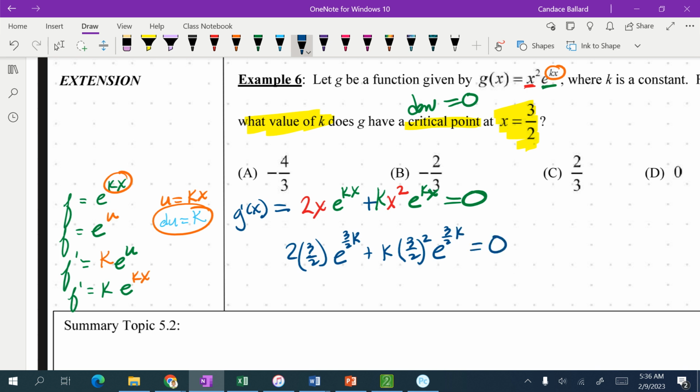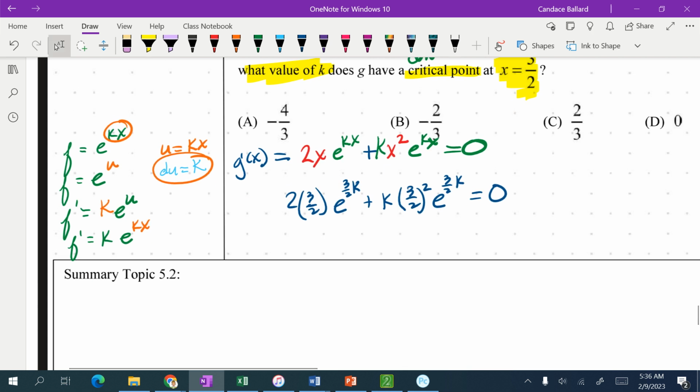All right, let's see if we can simplify this a little bit. I'm seeing that the 2's cancel, so I've got 3e to the 3 halves k plus 3 halves squared would be 9/4 k e to the 3 halves k equals 0.